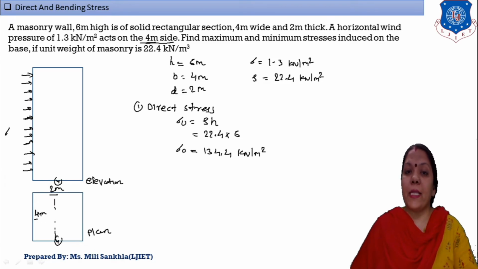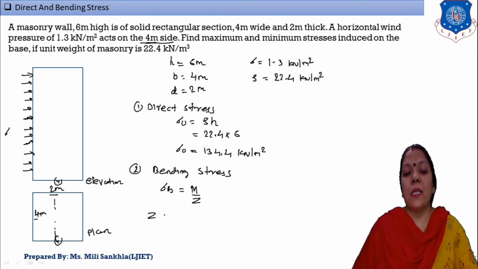Now second, we find out bending stress. Bending stress notation sigma b is equal to M by Z. Now what is Z?